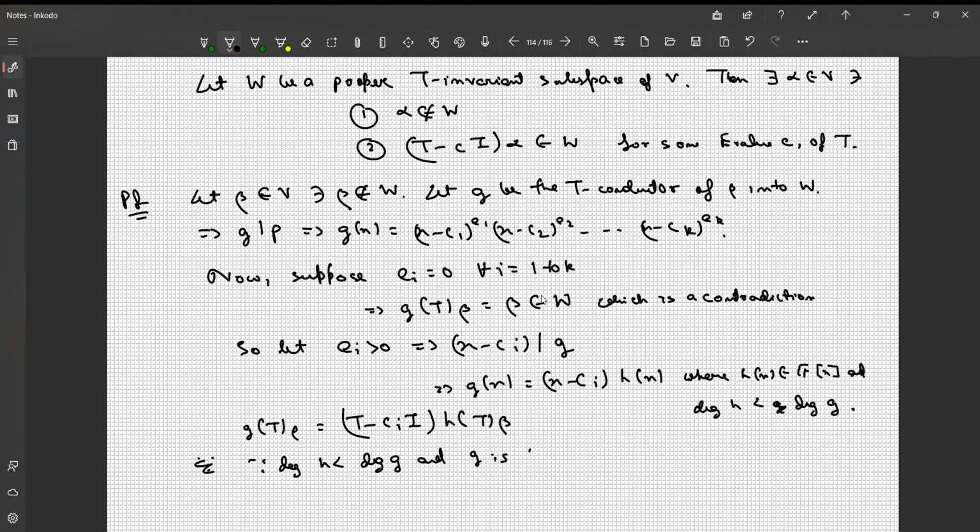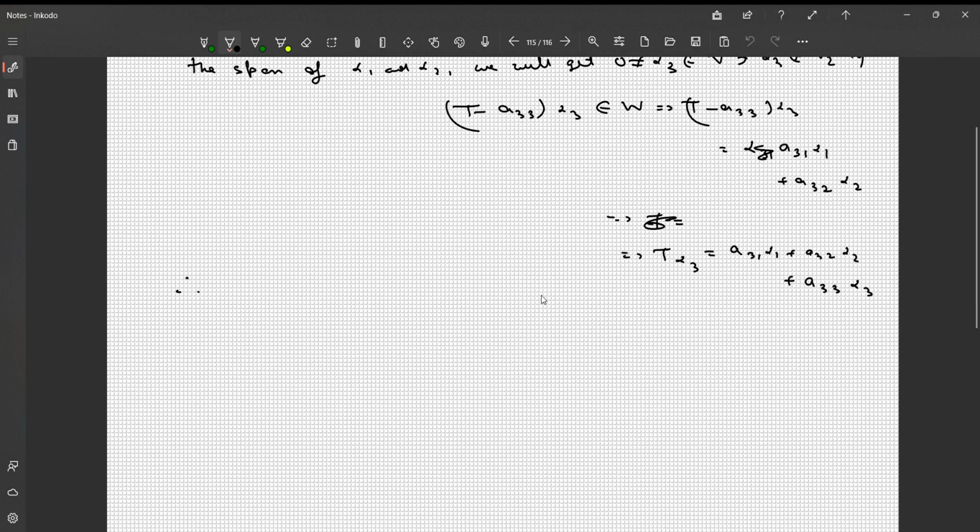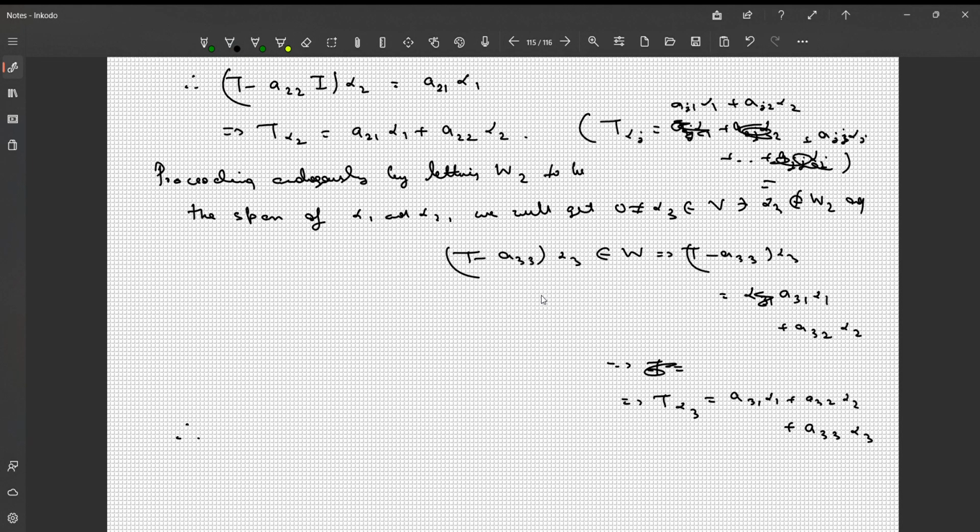Now is H of T of beta inside W? Since degree of H is less than degree of G, and G is the least degree polynomial such that G of T of beta is inside W, therefore H of T of beta is not inside W. But obviously, H of T of beta is inside V, by the definition. Therefore, H of T of beta serves the purpose of alpha given in the lemma.